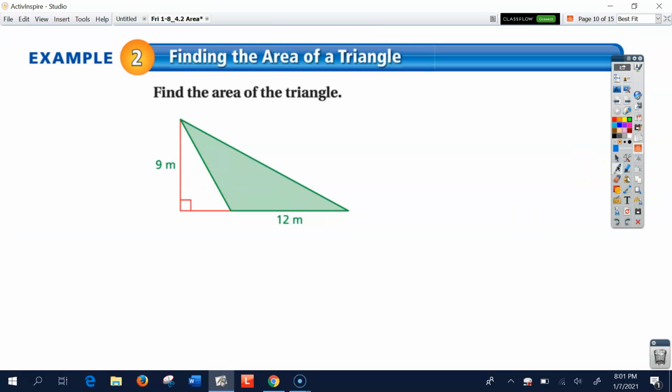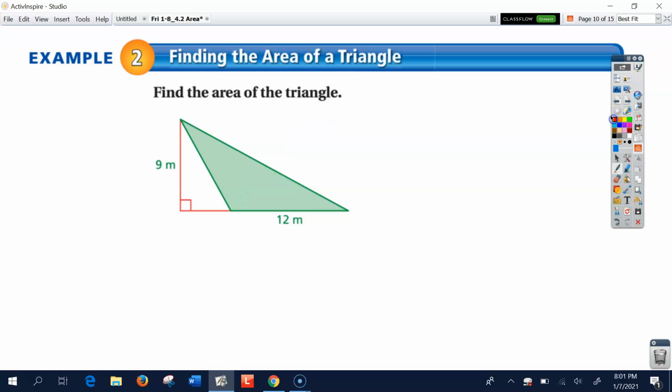And sometimes people want to count this as the base. Well, for one thing, there's no measurement to that side. So if this was the base, then I would need the height from here to the perpendicular to the base. So that's the idea: we use the numbers that were given, and hopefully we're given enough information.